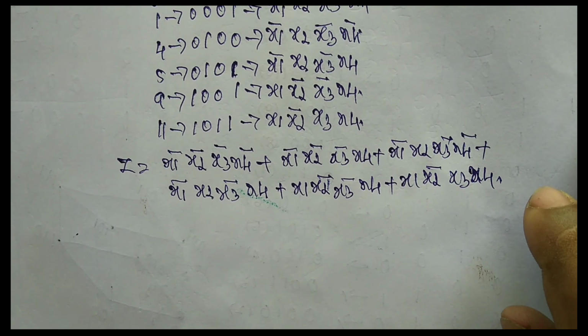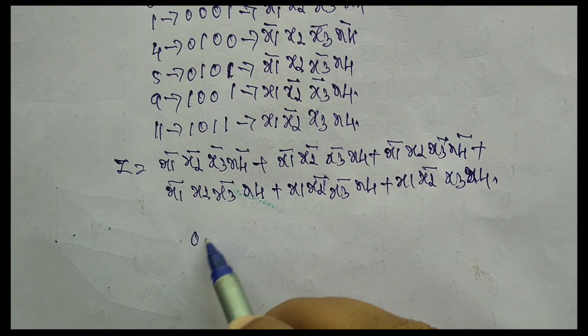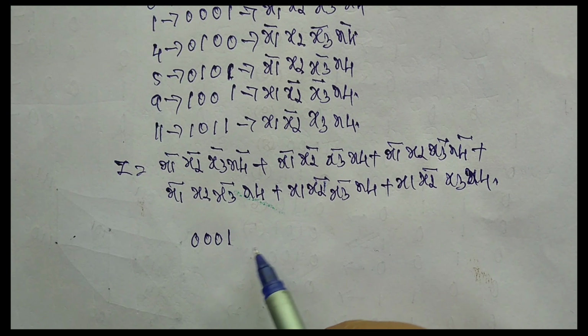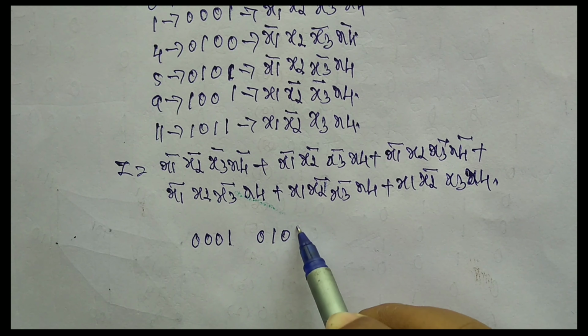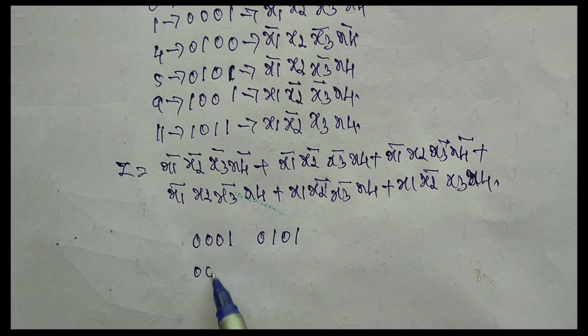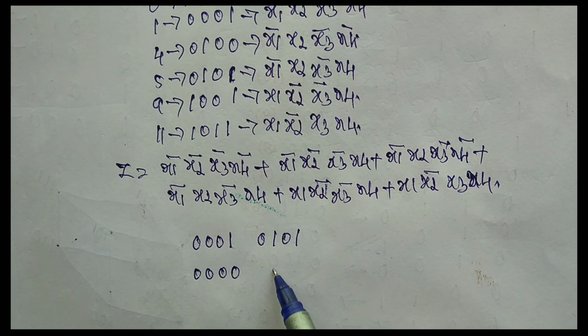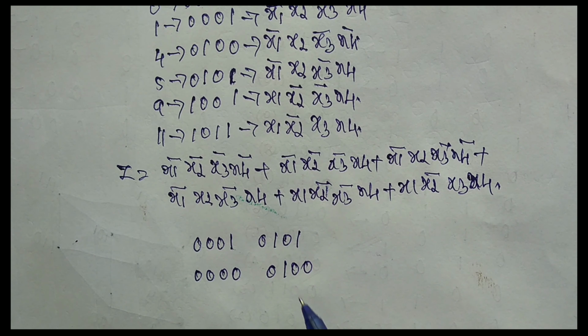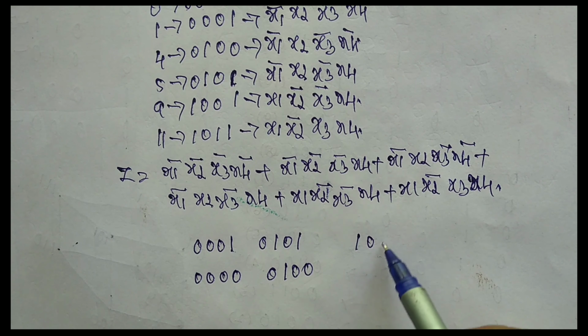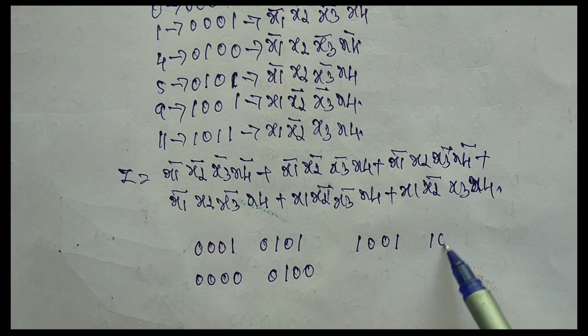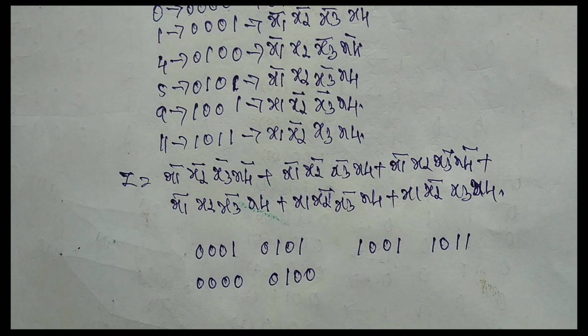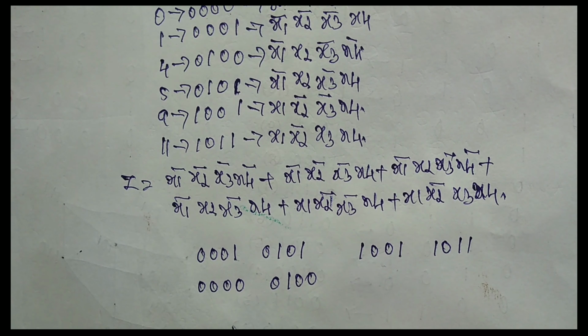So that is 0, 0, 0, 1, then 0, 1, 0, 1, 0, 0, 0, 0, 0, 1, 0, and 1, 0, 0, 1, then 1, 0, 1, 1. You take these 2 points.